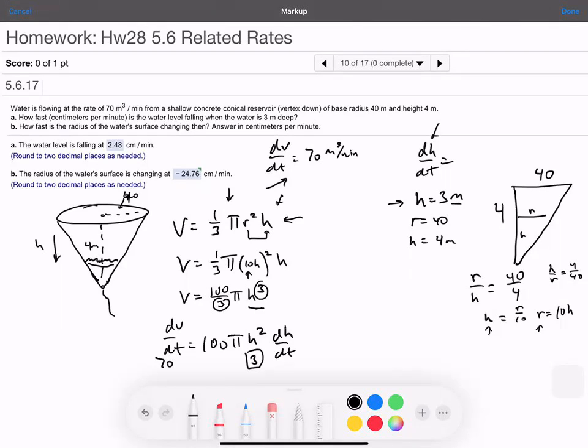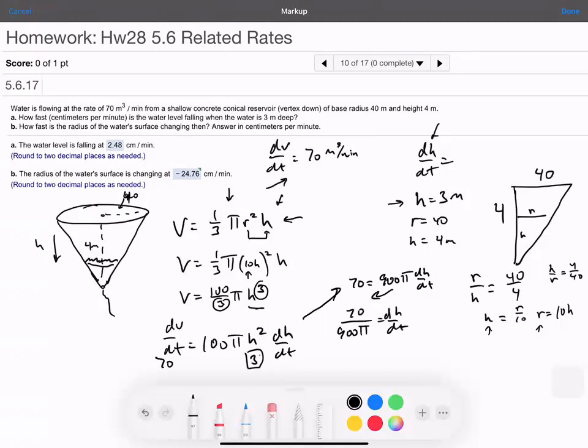So 70 is equal to 3 squared is 9, so that's 900 pi dH over dt. Moving these values over, 70 divided by 900 pi is equal to dH over dt.